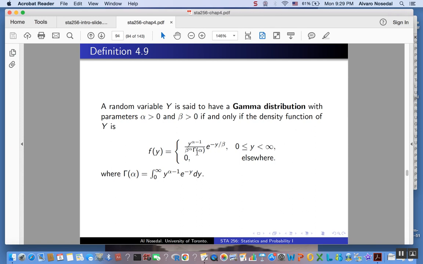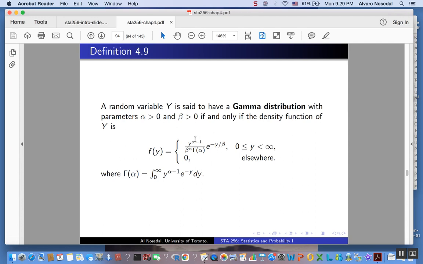As I said, this is the expression of the PDF in the part that is non-zero, because if you evaluate it at a negative real number, then that's going to be 0.